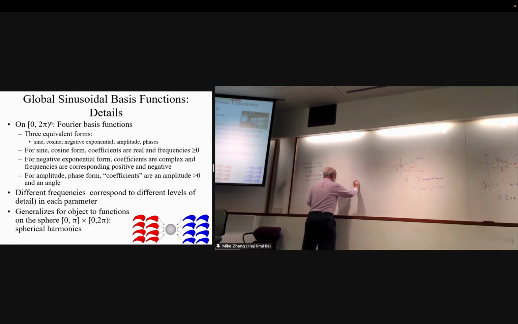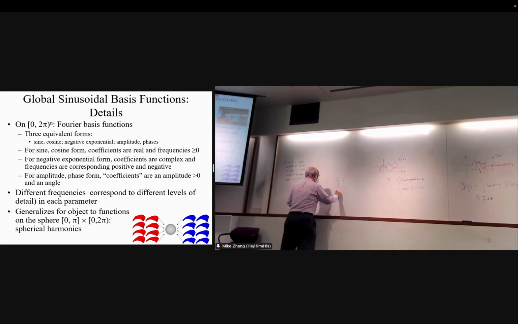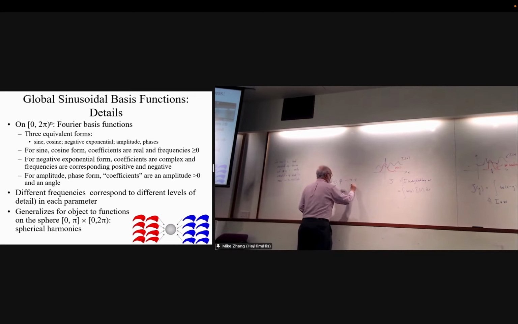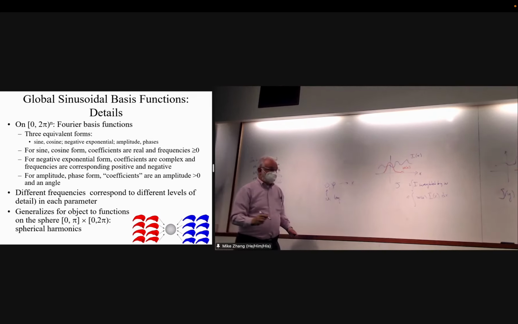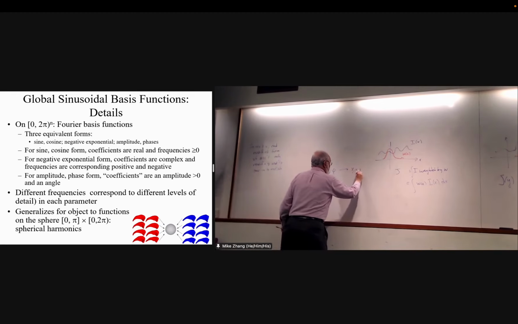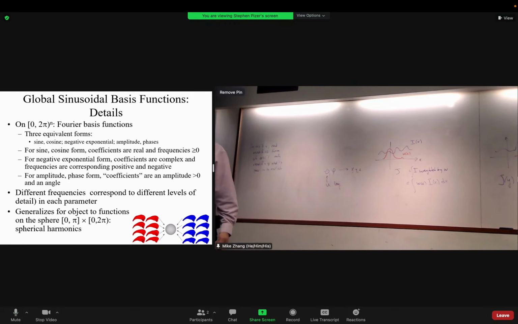So functions from theta phi, which are latitude and longitude, to, for example, positions on a surface of an object, x, y, z positions.